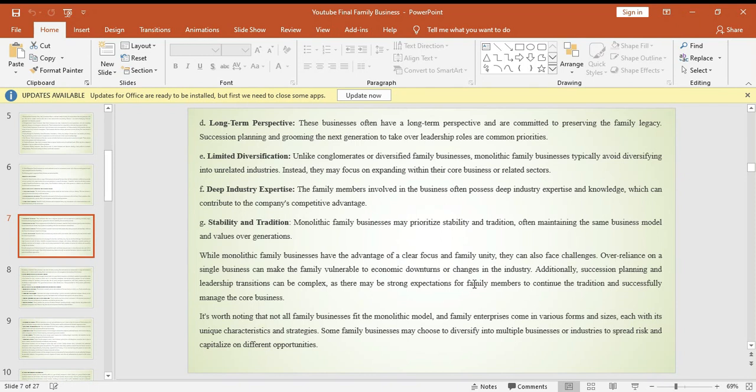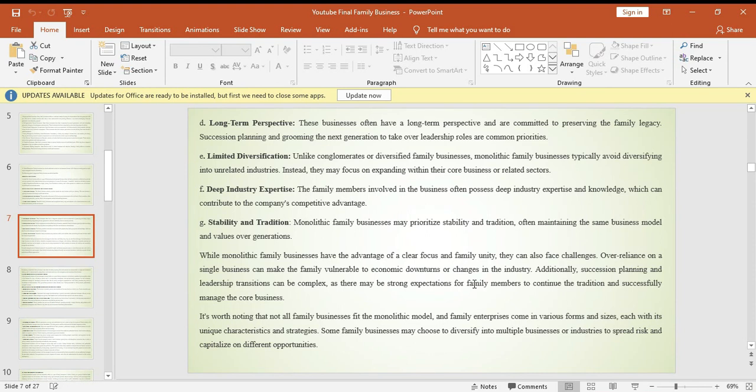E. Limited diversification. Unlike conglomerates or diversified family businesses, monolithic family businesses typically avoid diversifying into unrelated industries.